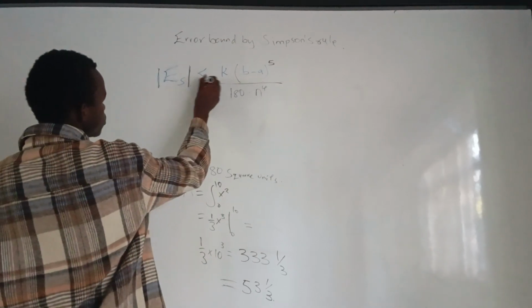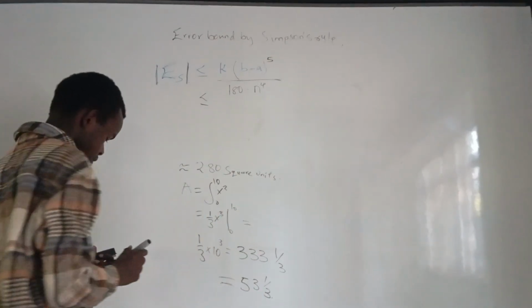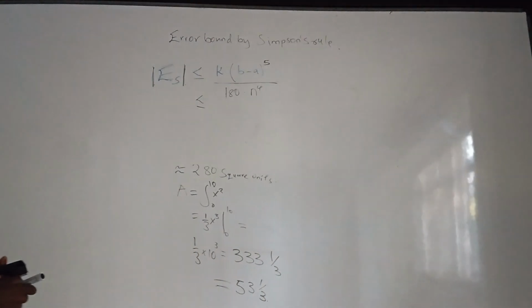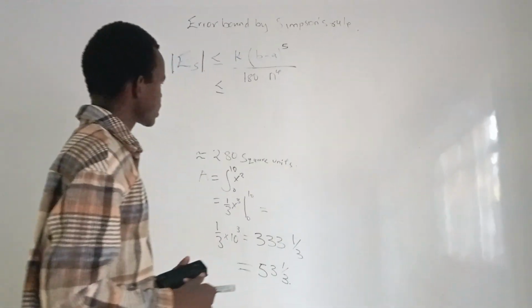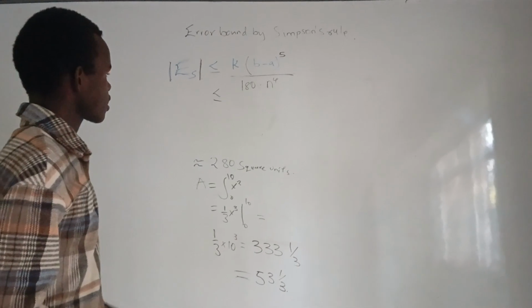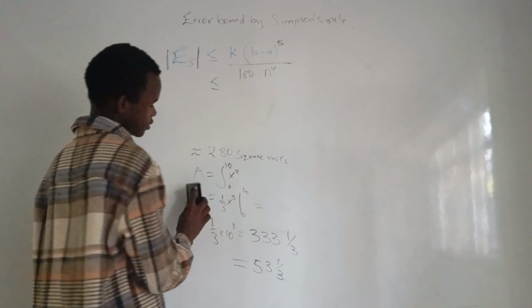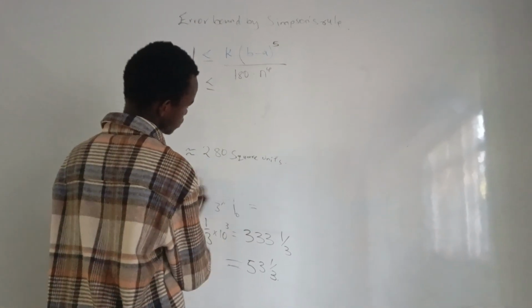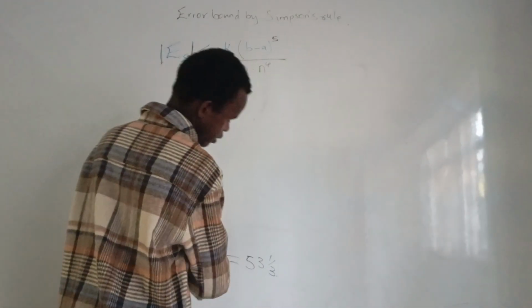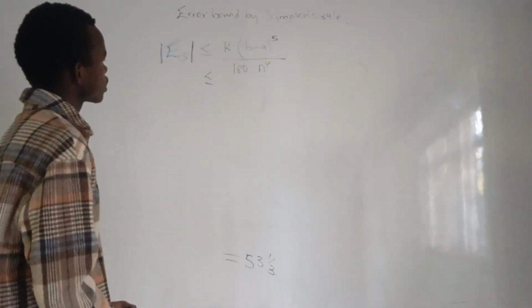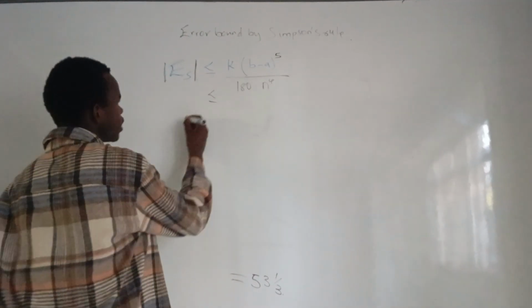So it will be less or equal to our k again. Let's find our k. For this case, we'll find our k using the 4th derivative. How will you find our k?